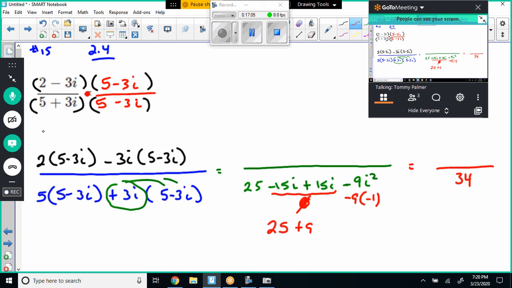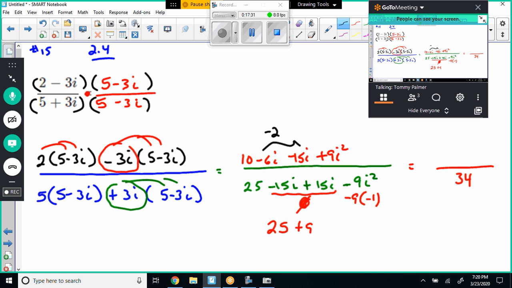Now we can do the top, and that's going to give us 10 minus 6i. Don't forget this sign here with its middle term right there. And then that's going to give us a negative 15i plus 9i squared. Now, negative 6i and negative 15i become negative 21i, right?